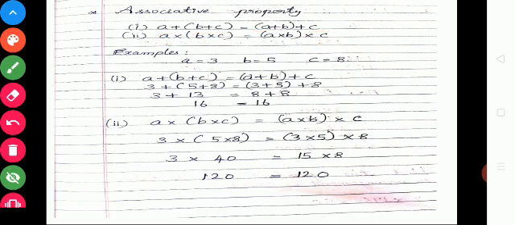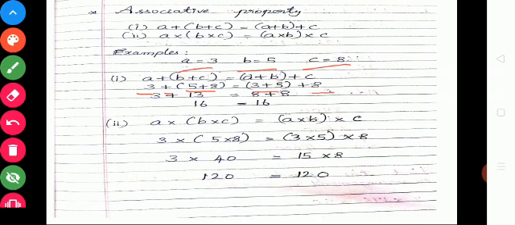The values are a is equal to 3, b is equal to 5 and c is equal to 8. Look at the first property. Write the values. (3 plus 5) plus 8 is equal to 3 plus (5 plus 8).